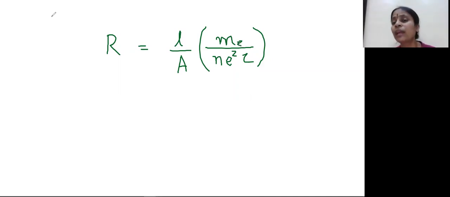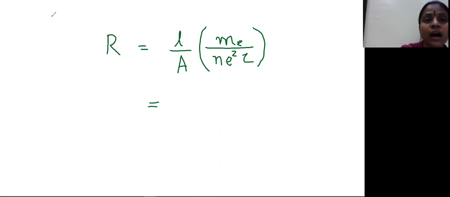Now, if you look at the parameters that are present within the brackets, those are going to be constant at any point of time. For a metal, if I say I'm going to have a copper wire, irrespective of the length and area of cross section, the charge density is going to remain a constant. The average relaxation time is going to remain a constant. e and m_e are going to remain a constant. So I'm going to say R is proportional to L by A.